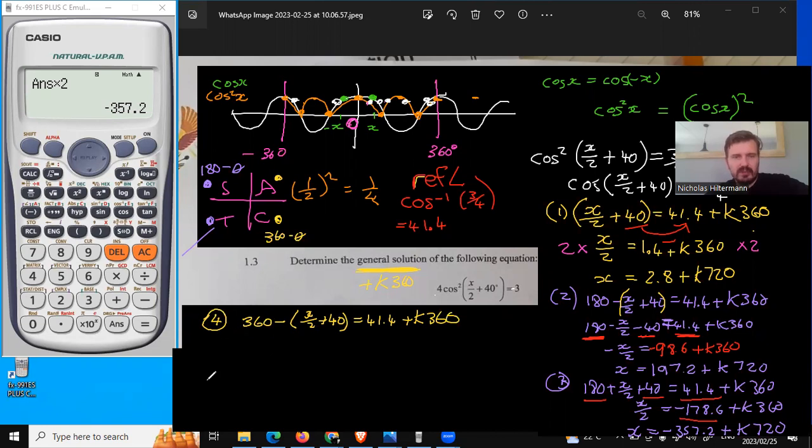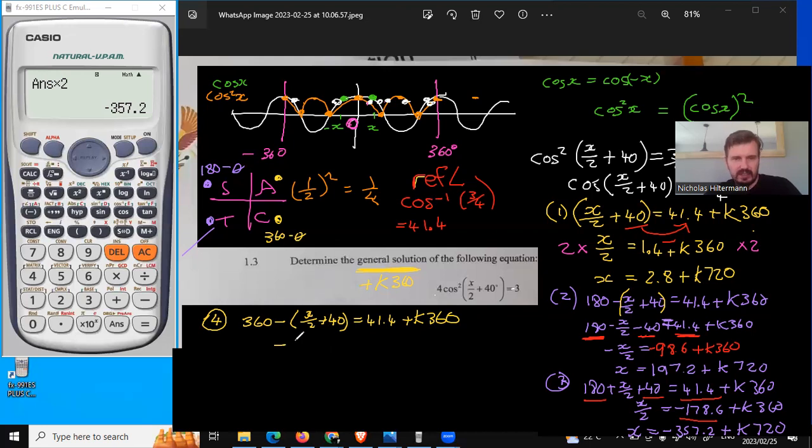Now what we can do here is look at plus K360 and 360. Well, plus K360 is like saying, you know, this is an integer K. So I could have plus 1, I could say plus 360. So these two technically cancel each other out. So it'll just be plus K.